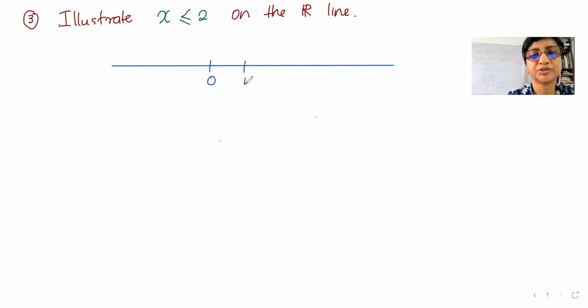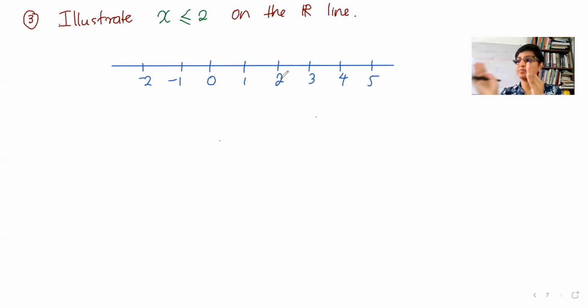So, 0 somewhere, I have to show 2. Actually, 2 is what you need to show. So you can place it in the middle and have a few numbers to the right of 2 and to the left of 2. 2 can be in the middle in your diagram, like I haven't taken it like that.